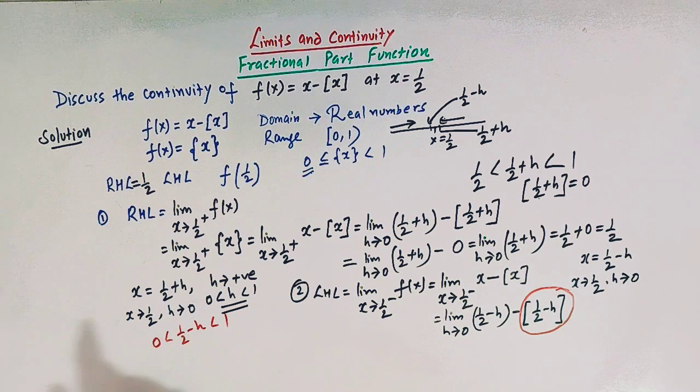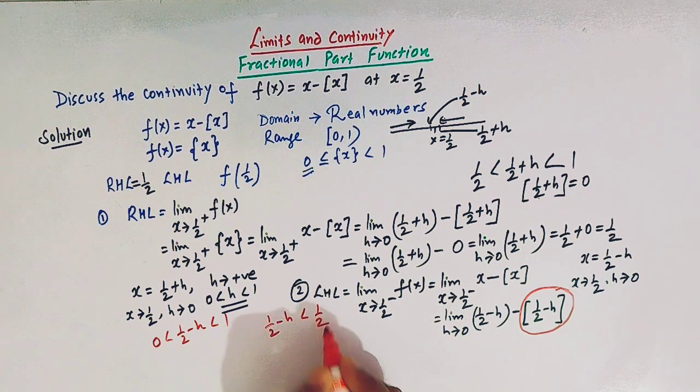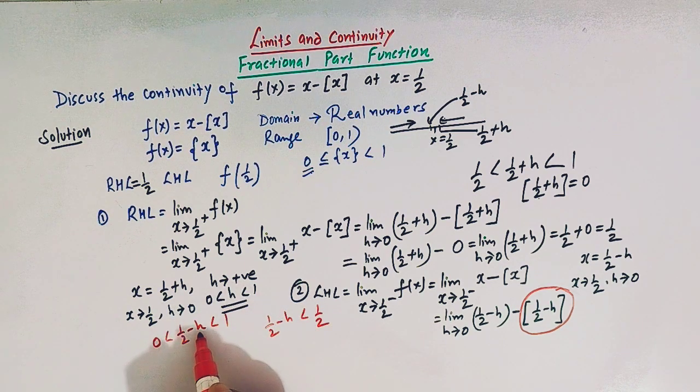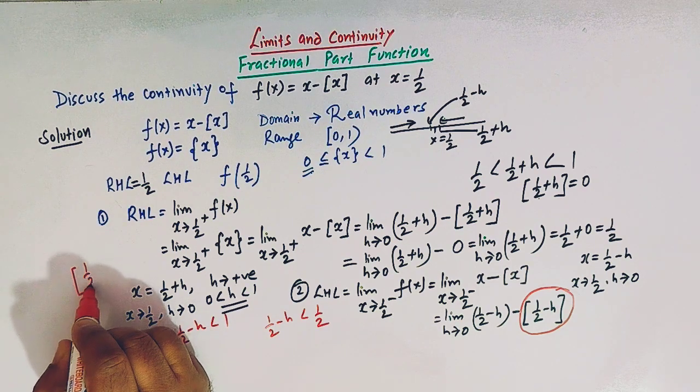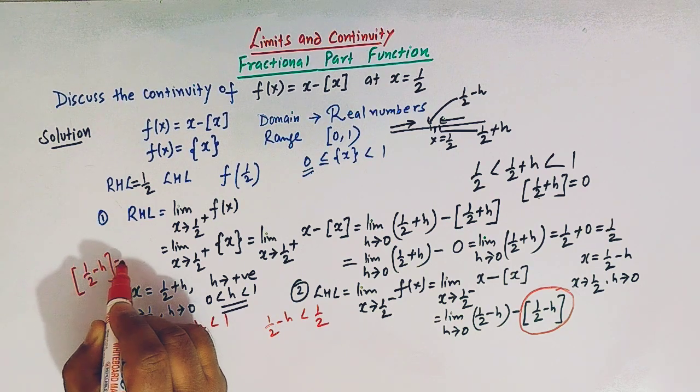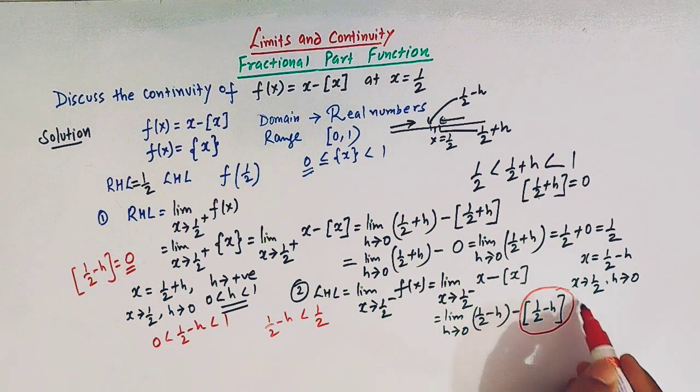It means that half minus h lies between 0 and 1, and moreover, half minus h is less than half. So the value of the greatest integer of half minus h is equal to 0. So here we'll write 0.